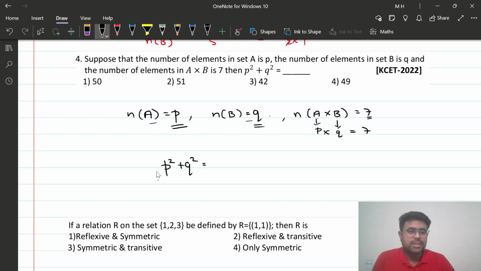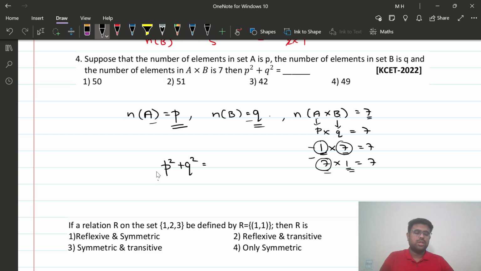If I have to factorize it, 1 into 7 is equal to 7, or 7 into 1 is equal to 7. This is the only possibility. So either 1 comma 7 must be there, or 7 comma 1 must be there. That means if A has one element, B will have 7 elements, or if A has 7 elements, then B will have 1 element. So only one of these two can occur.